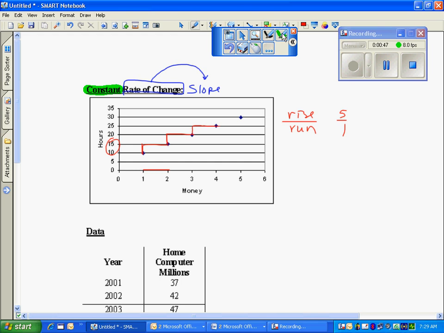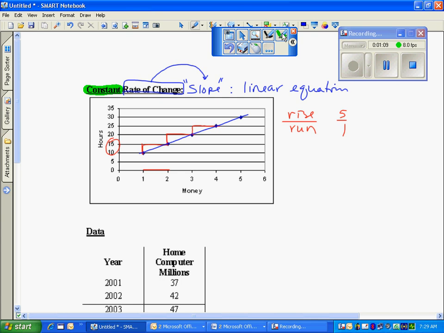Now, if I were to connect these dots, I would have a linear equation. So when we have a constant rate of change or slope, we have this thing called a line, which we like to call a linear equation, a linear function, because it shows a line.